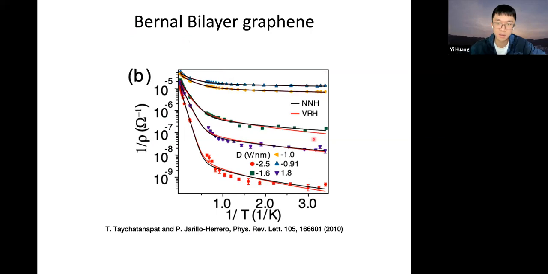And in this case, I take a plot from Pablo's group, who did transport experiments in Bernal bilayer graphene. And you can already see by eye that this shape looks quite similar to what I showed you in my theoretical prediction. So in the highest temperature regime, it seems like the slope becomes bigger.